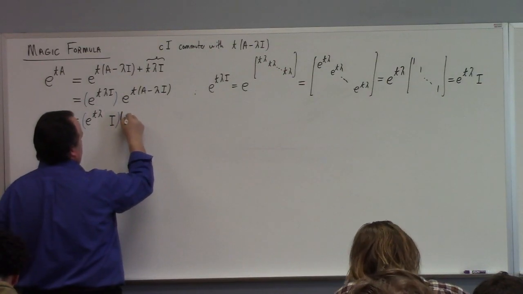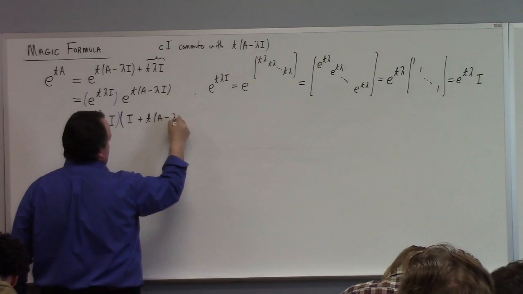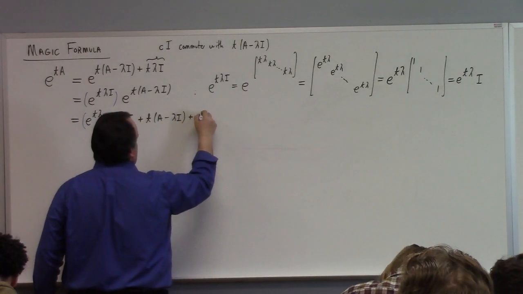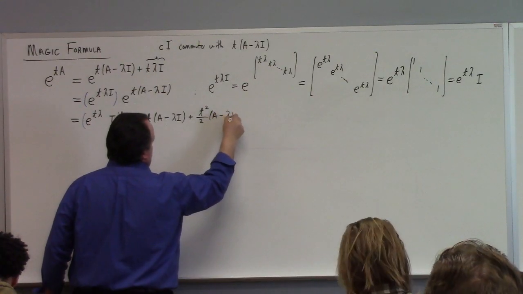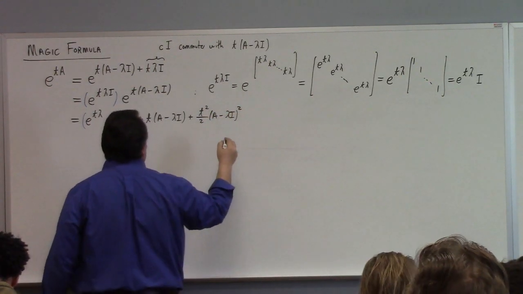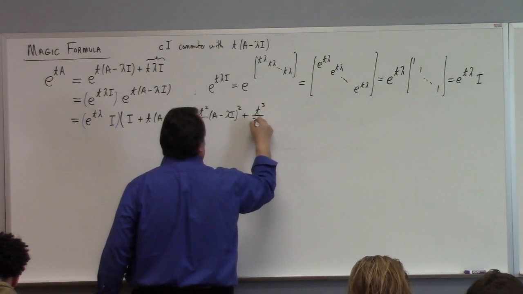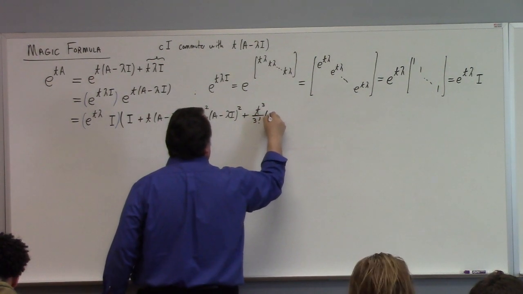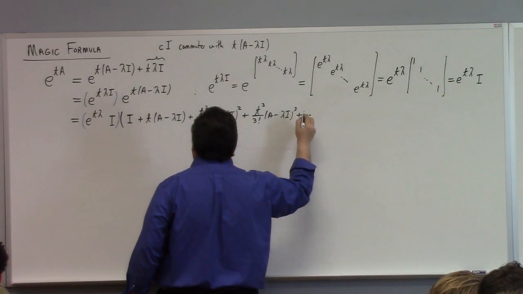The identity matrix, plus t times A minus lambda I, plus t squared over 2, A minus lambda I squared, plus t cubed over 3 factorial, A minus lambda I cubed, and so forth and so on forever and ever.